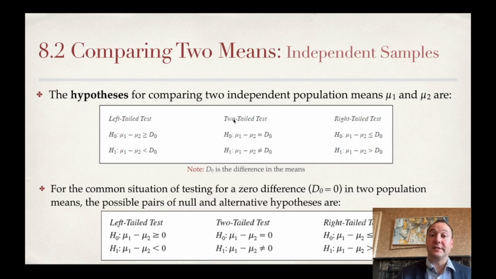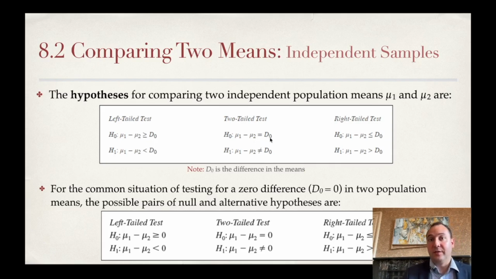Let's look at the first example. In the 2-tailed test, I find it a little bit more intuitive to understand. So let's just look at the 2-tailed test for now. In a 2-tailed test, the null hypothesis is mu1, which means the population average that we got the first sample from, minus the population average that we got the second sample from, are equal to D0.